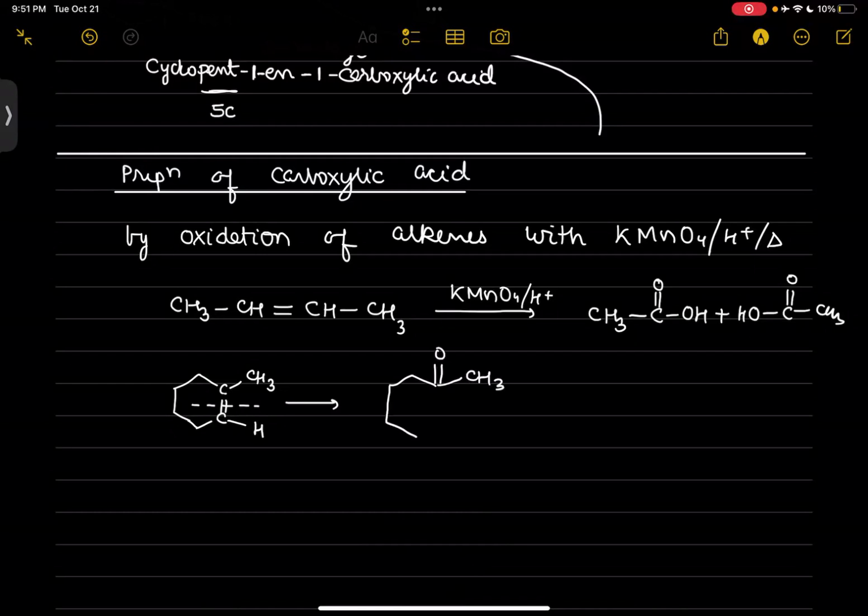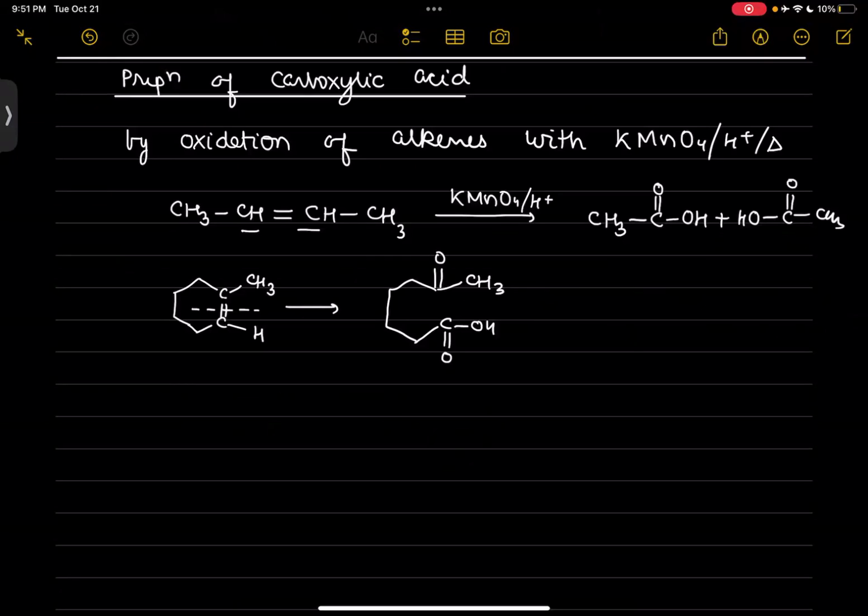Okay, we will oxidize them in special conditions, but you cut this, this is H, so this is going to become COOH. Got it? Is it clear or not? In this case, both became carboxylic acid.